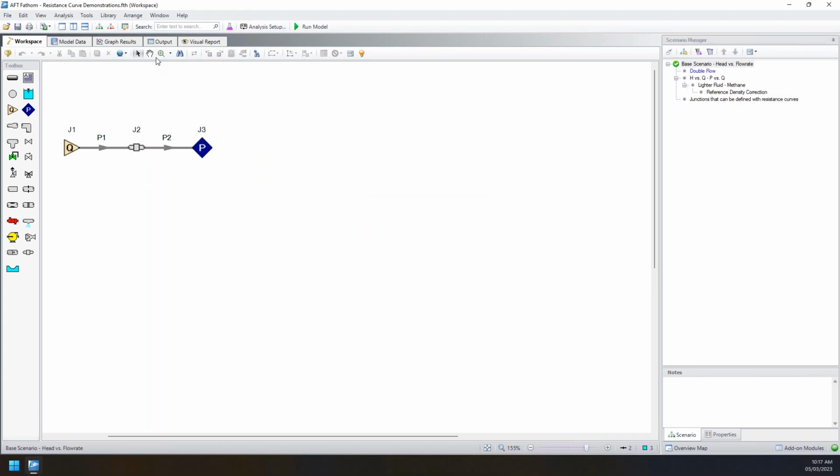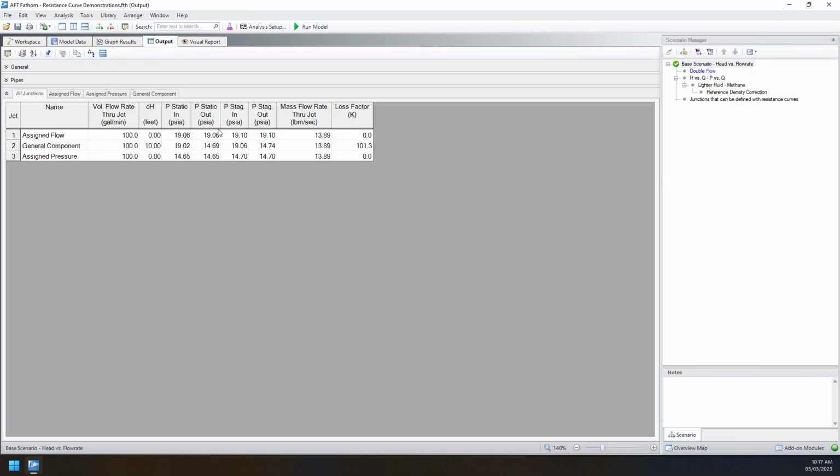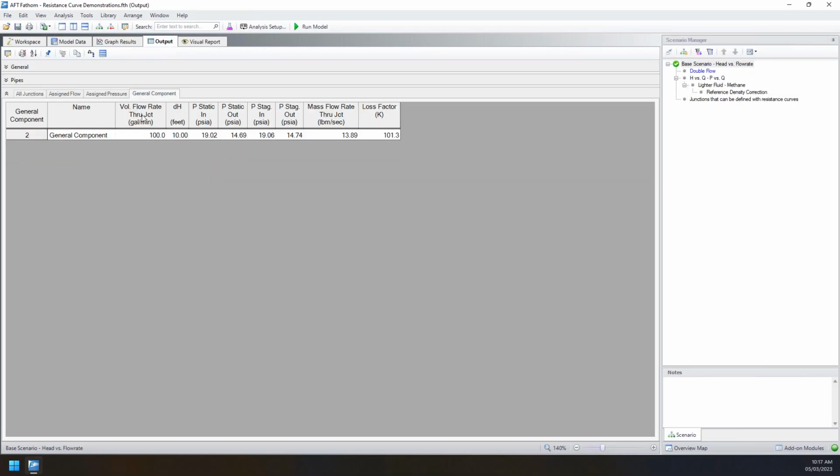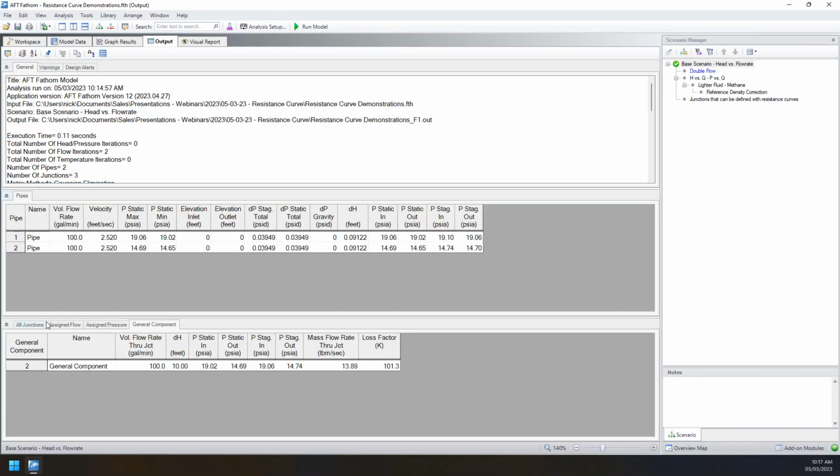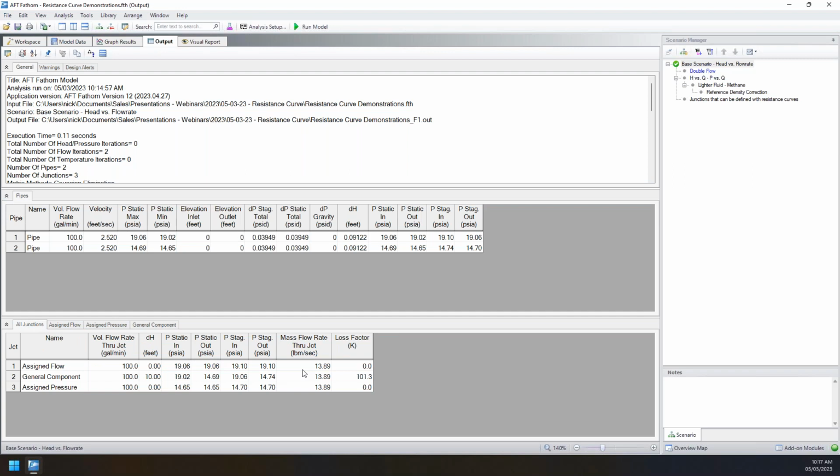So if we go back, we run our model, we can look at our output. If we wanted to look at the pressure loss through our components, let's see. So the DP would be, again, here's that 4.3.